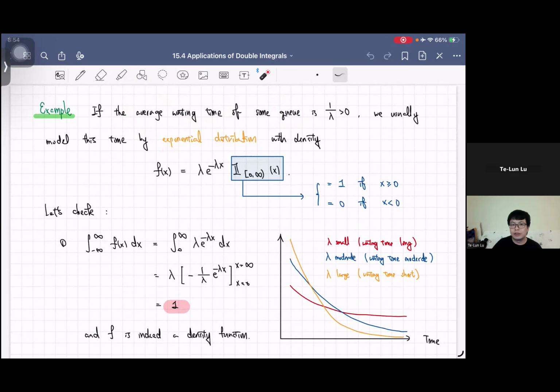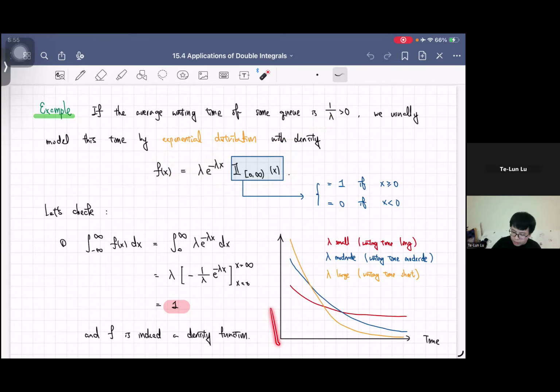The density function is defined to be f of x equals lambda e to the minus lambda x. Lambda is the same thing here. And we only sample time from the positive axis, because you cannot have negative waiting time.